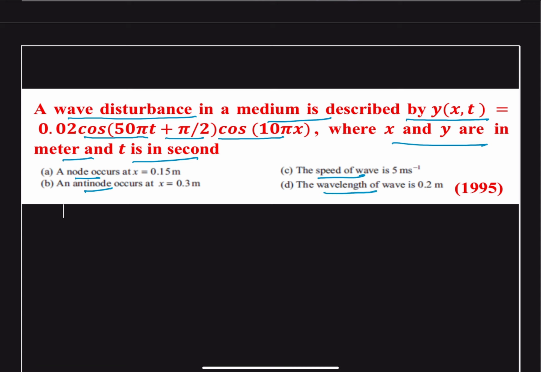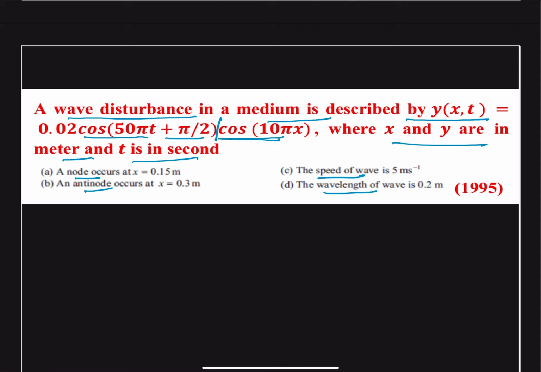So the given equation consists of two parts. One is cos of (50 pi t plus pi by 2), and the second part is cos of 10 pi x.